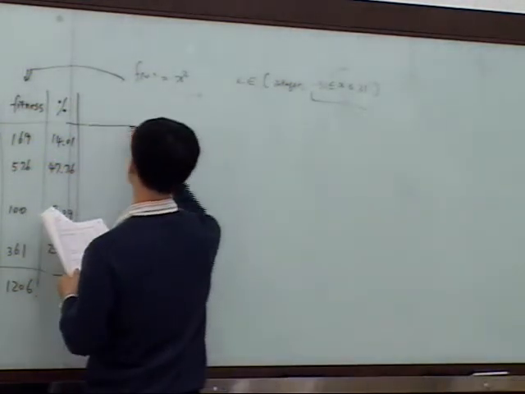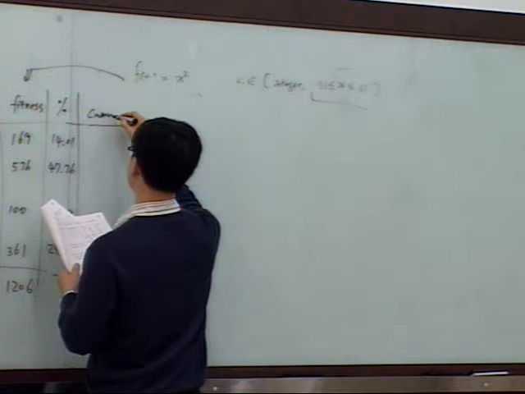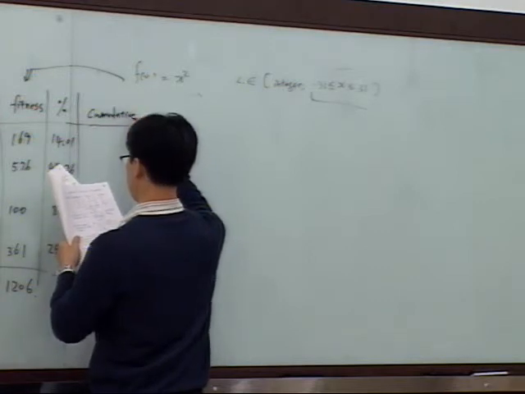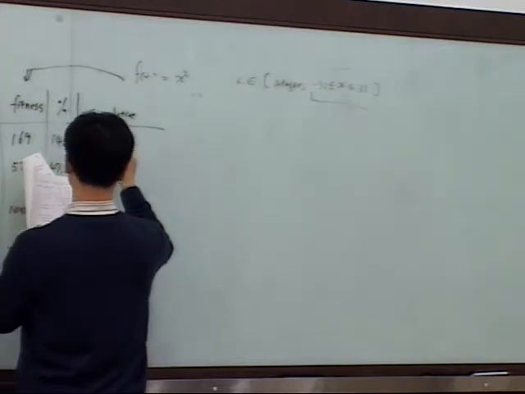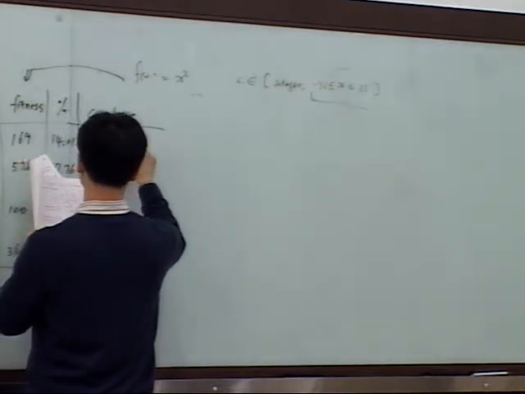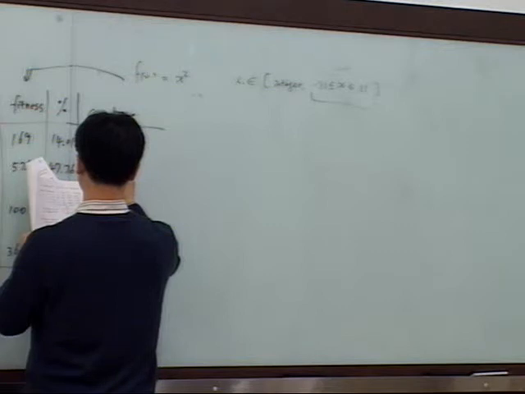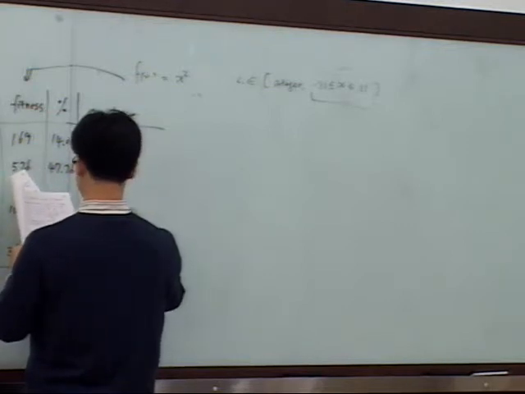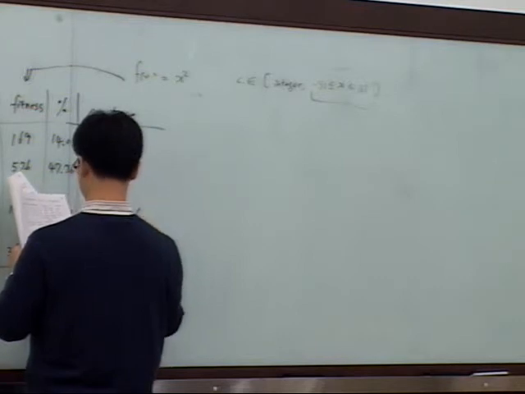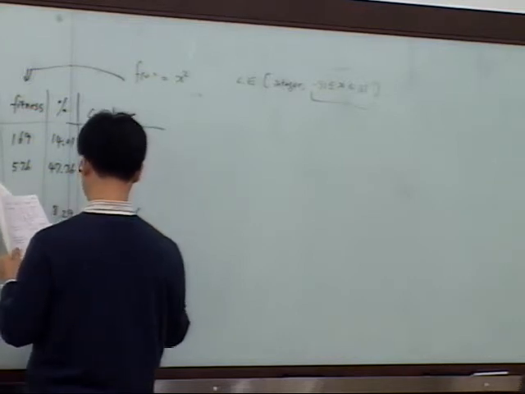And cumulative, because it's a percent, it's 0.1401, 0.6177, 0.7006, 1.000.